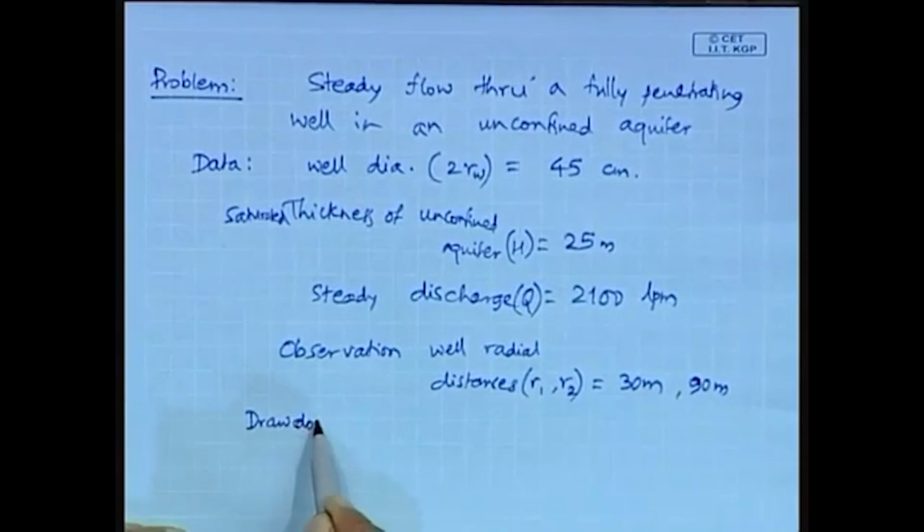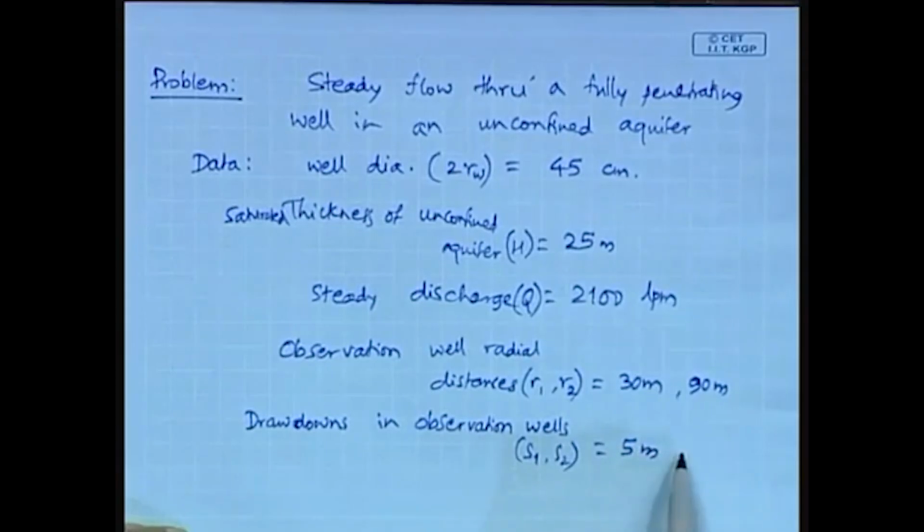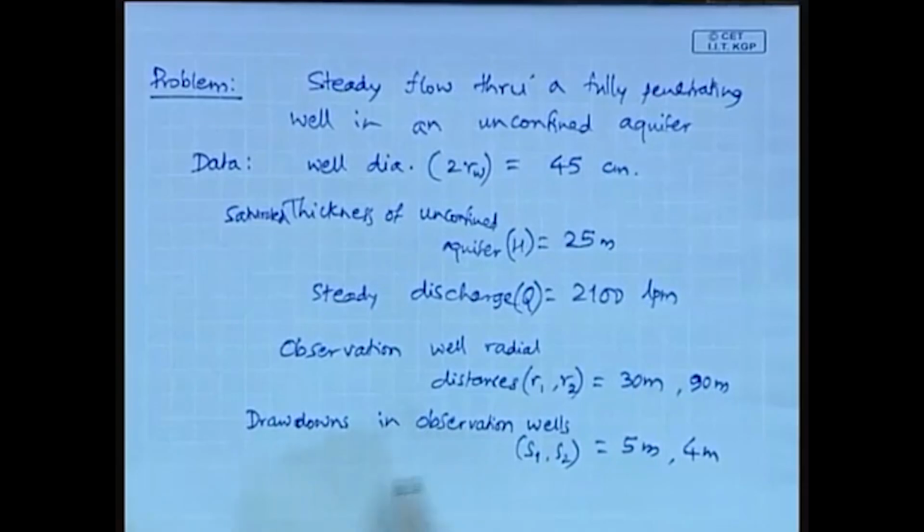Drawdowns in observation wells, S1 comma S2, that is 5 meter comma 4 meter, and to estimate.